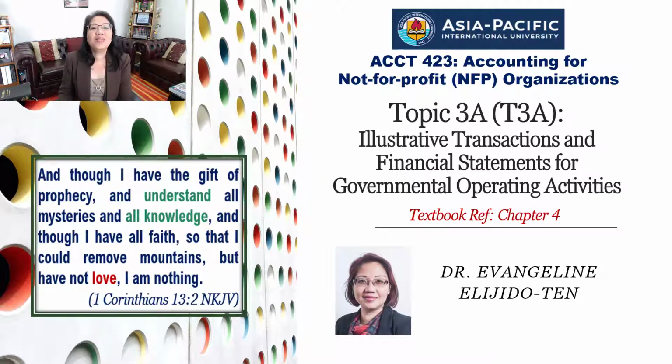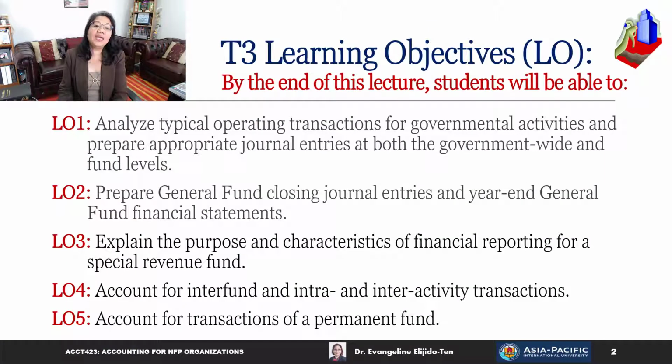Amen. So let's get started by looking at the 5 learning objectives for this topic. In learning objective 1, we will learn to analyze typical operating transactions for governmental activities and prepare appropriate journal entries at both the government-wide as well as the fund levels.